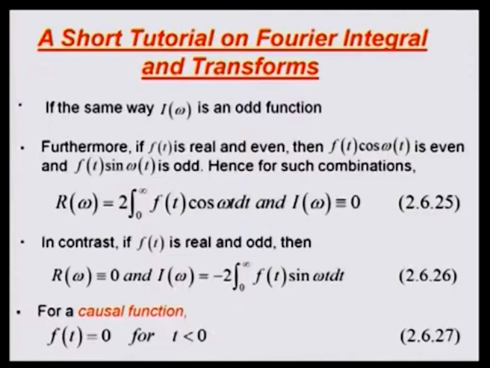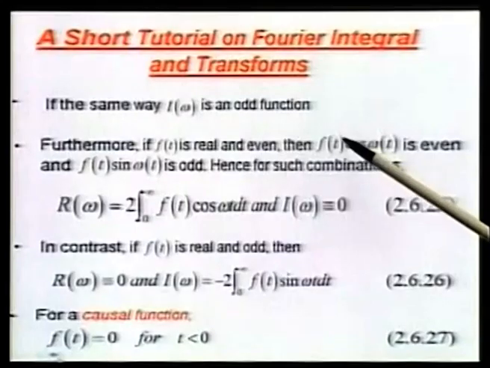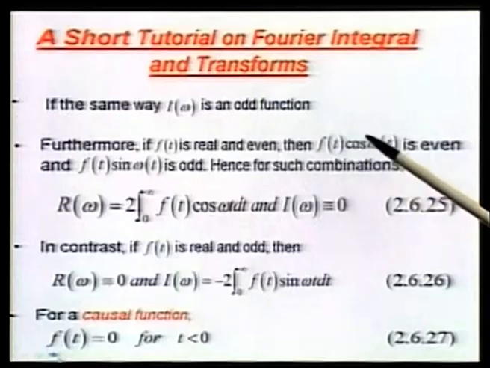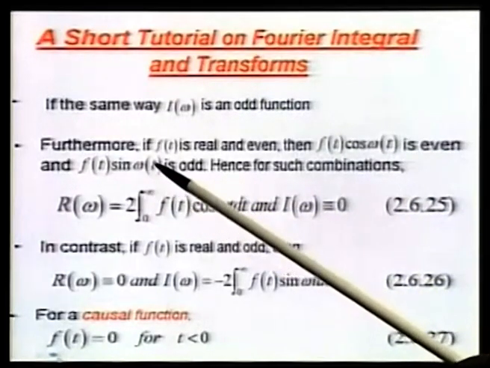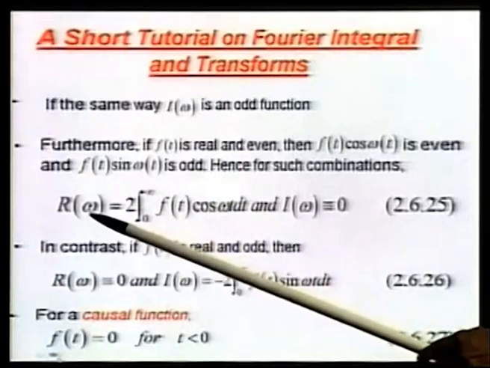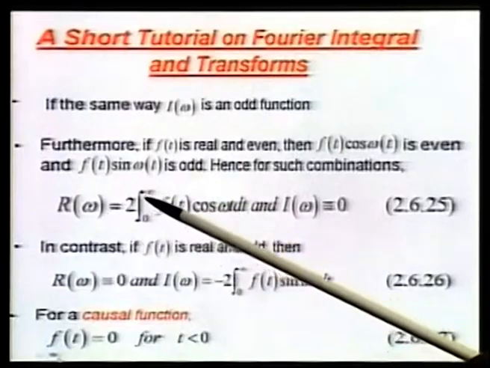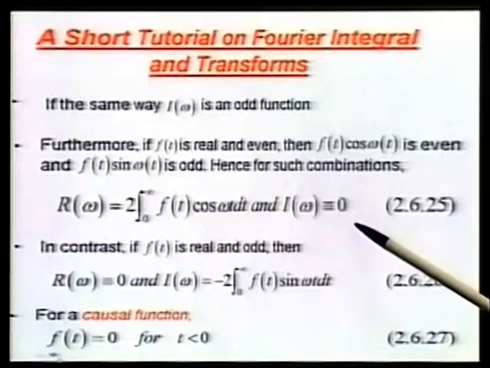Suppose f of t is real and even, then I have said that this part is even, and an even function multiplied by an even function is even, while this one becomes odd. So, R of omega can be done like this, and I of omega will be 0.